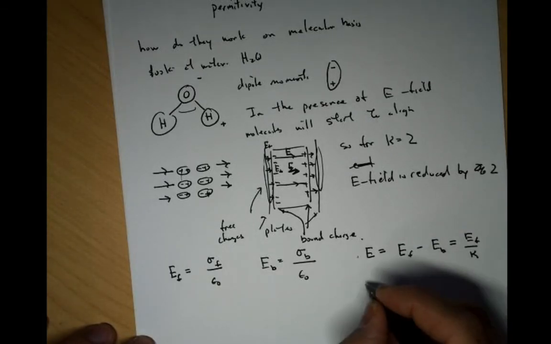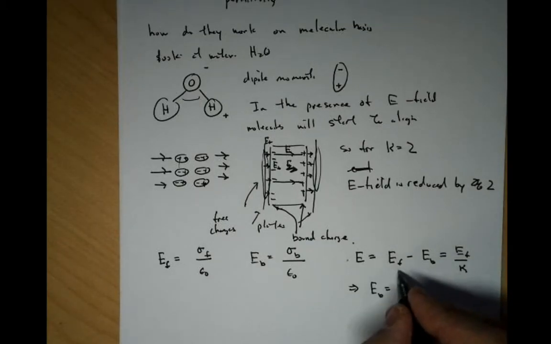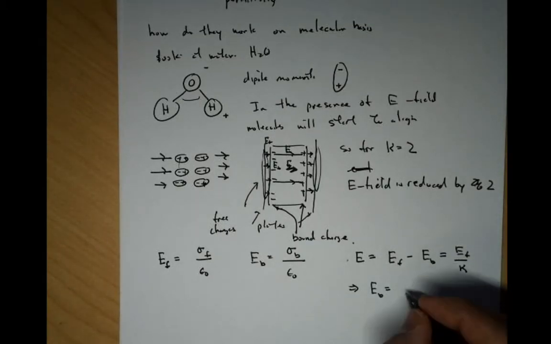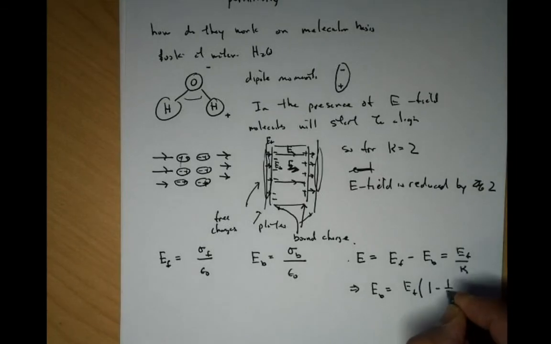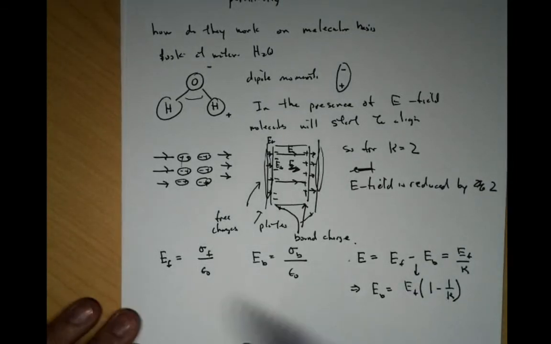So what that means is that the electric field of the bound part is going to be equal to, well, bring this to one side, the electric field of the free part times 1 minus 1 over kappa. Okay, that's from this equation right there, right?